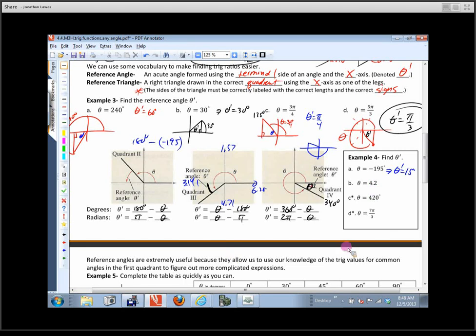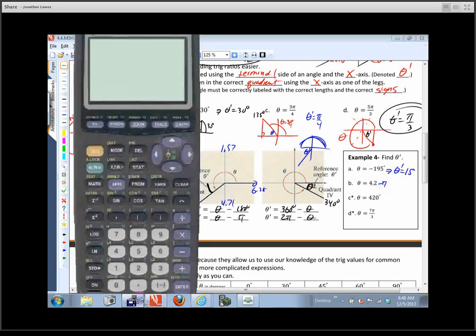So let's think about 4.2. 4.2 would be, well, that's 1.57. That's 3.14. That's 4.71. So we'd be right here. We'd be in quadrant 3. How do I figure out how big that angle is right here? Well, I take off this piece right here. I take off the pi. So we're going to take 4.2 and subtract pi, and that we'd want to do on the calculator.